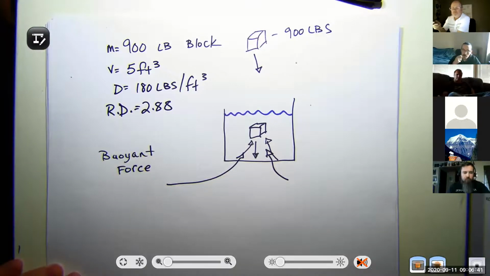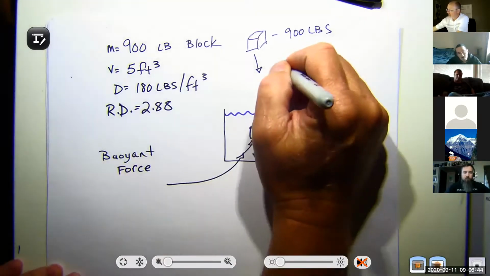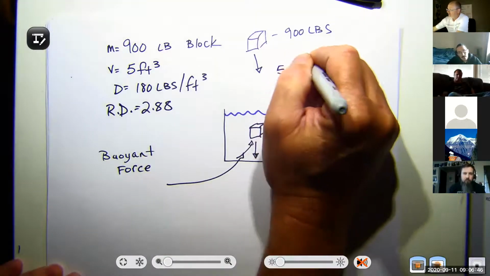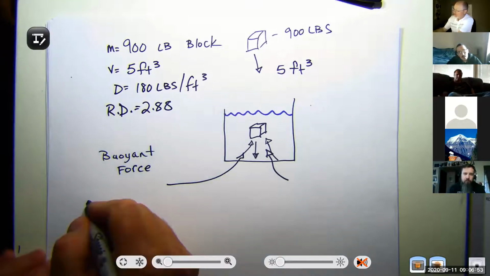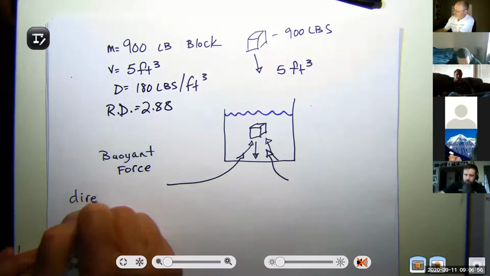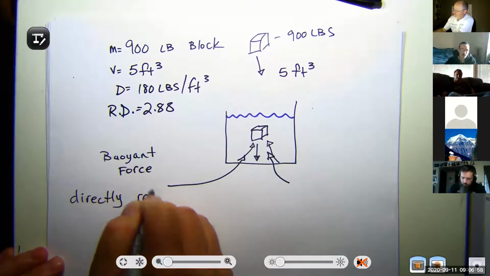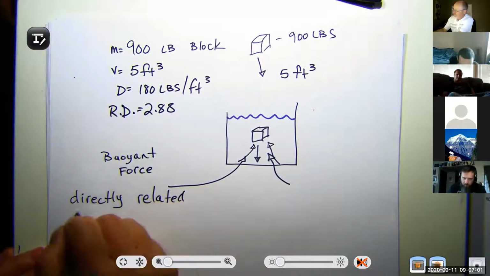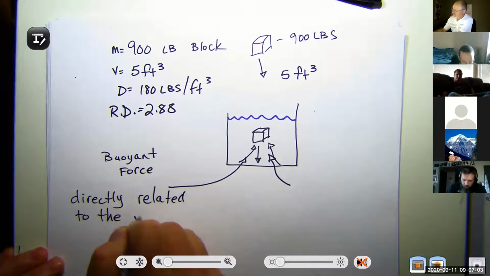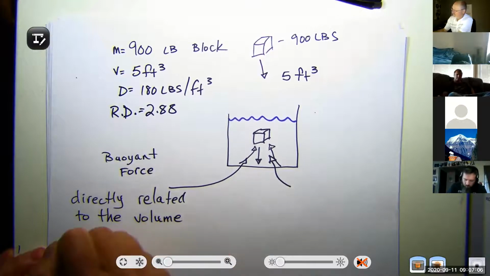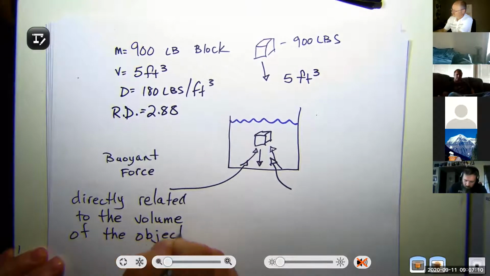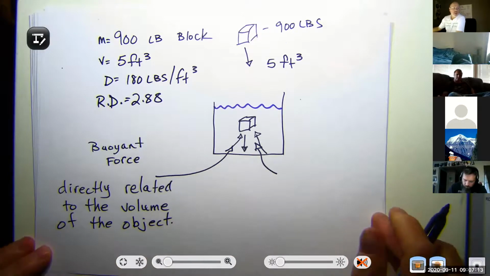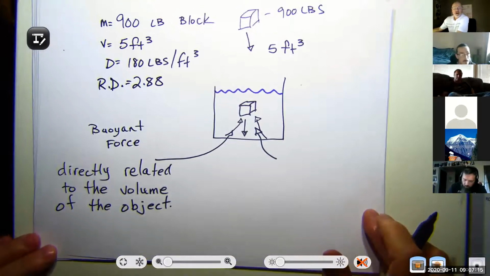Now that buoyant force is directly related to the volume of the object. Buoyant force, let me write that down. The buoyant force is directly related to the volume of the object.